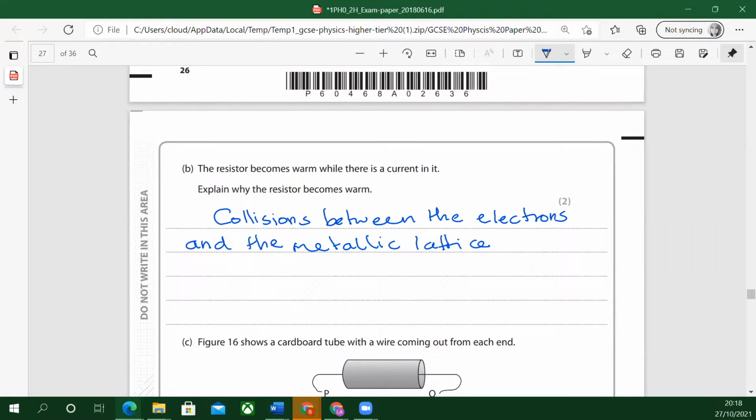This causes kinetic energy to be transferred to thermal energy.